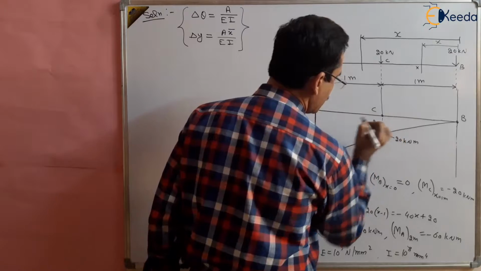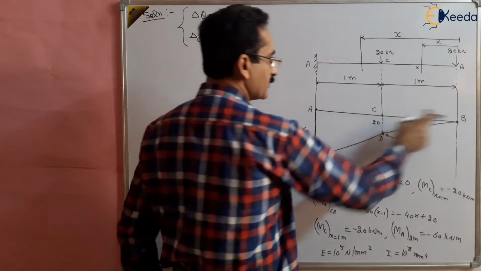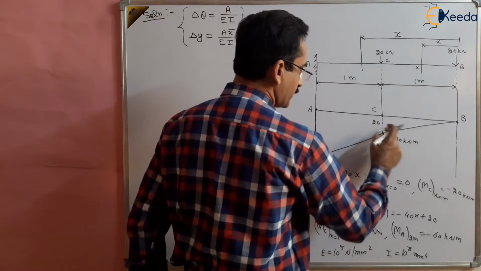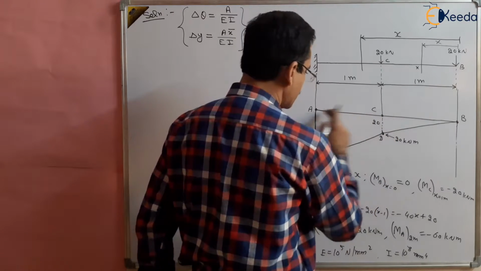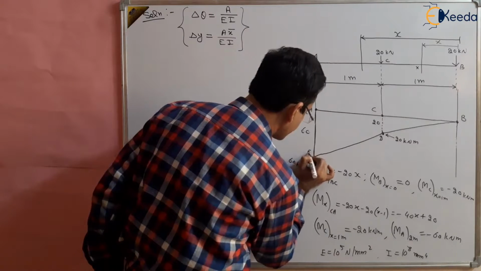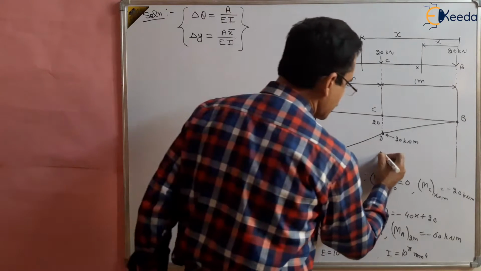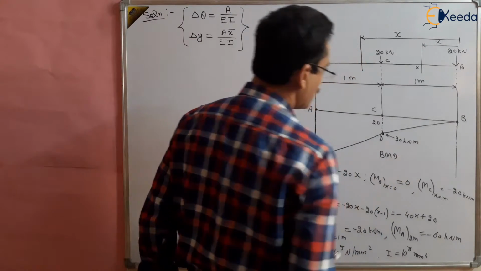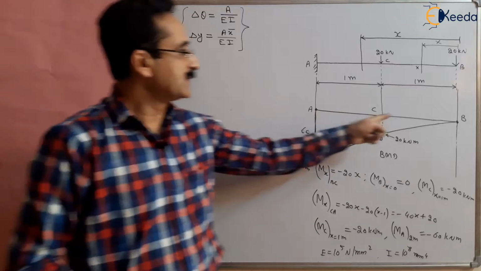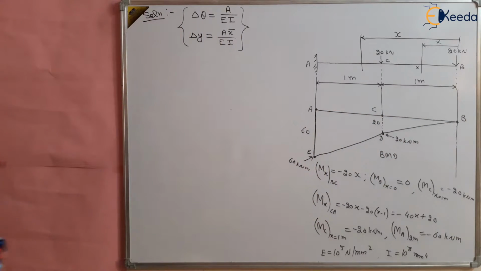So we have two triangles basically, one triangle and another triangle. This is a trapezium, and suppose this is E point. So this is the bending moment diagram, A, C, B, D, E. This is the bending moment diagram for this beam, right?